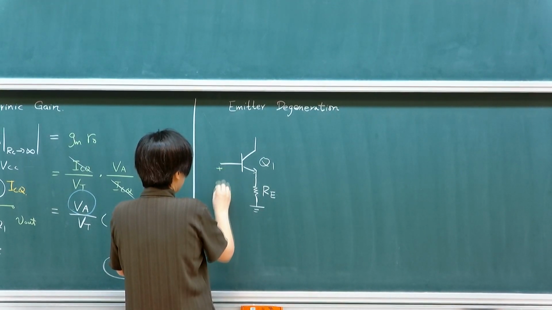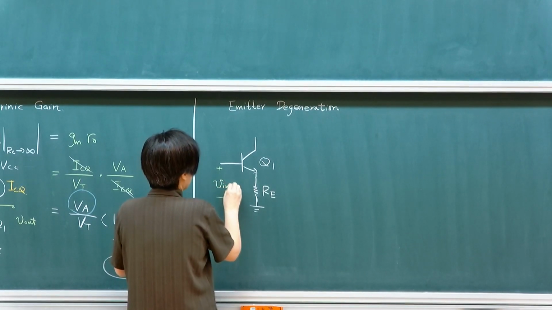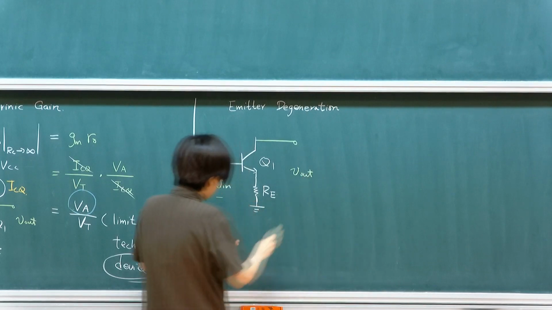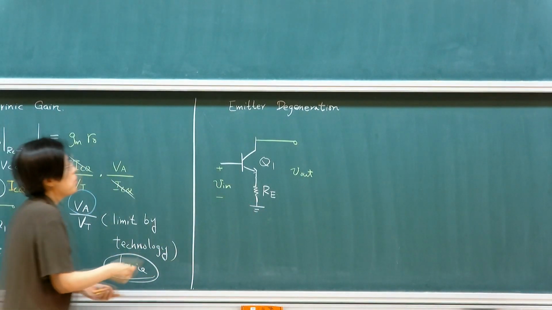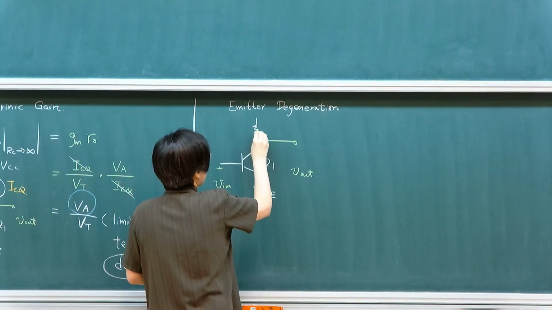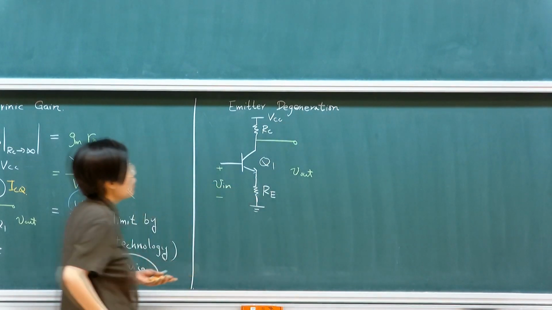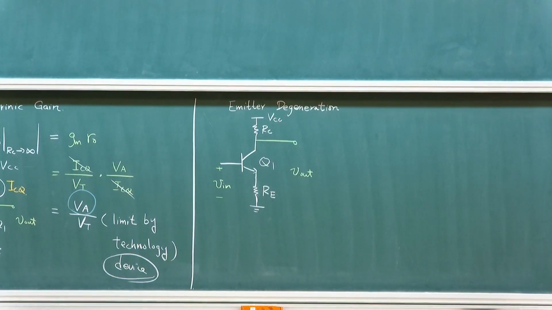So then my circuit will be something like this, V in, V out. Let's first assume that it has a resistive load. If this is the case, then how does one analyze this particular structure?